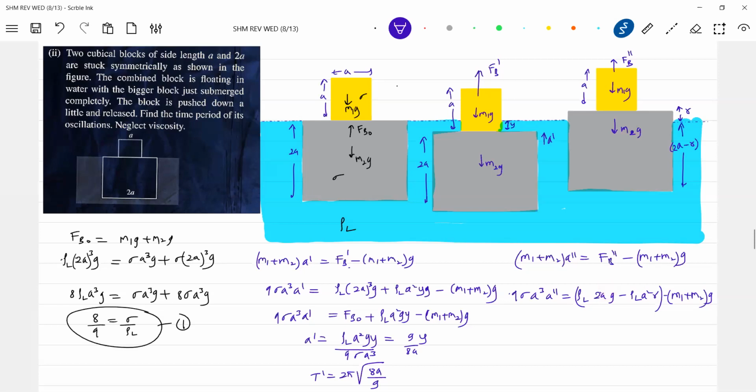Okay, this one. Okay, I agreed, no? This will be cube.